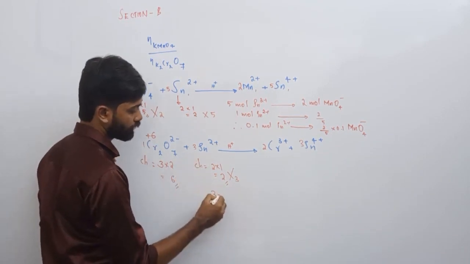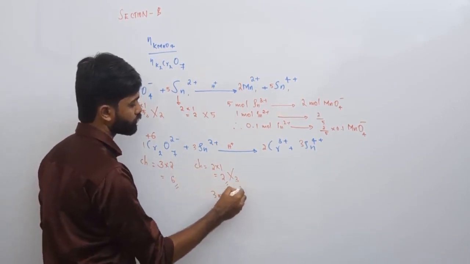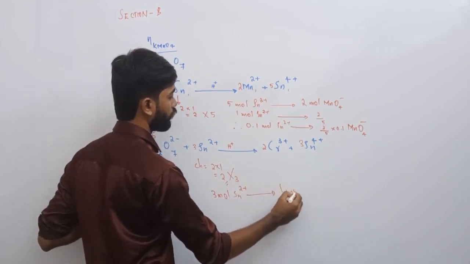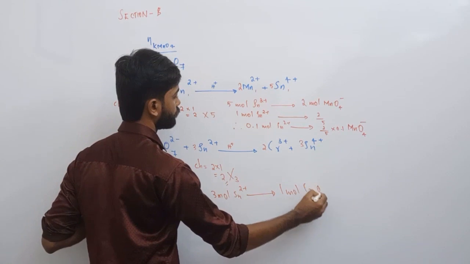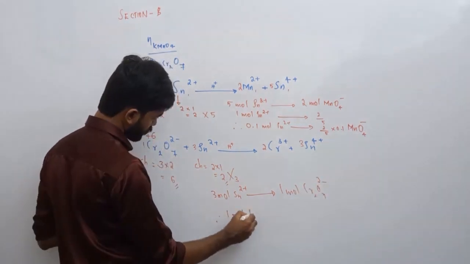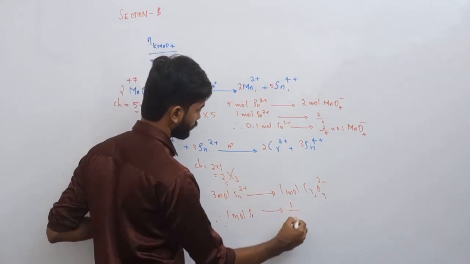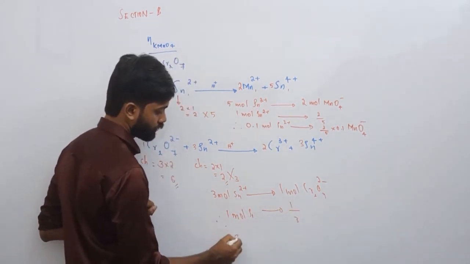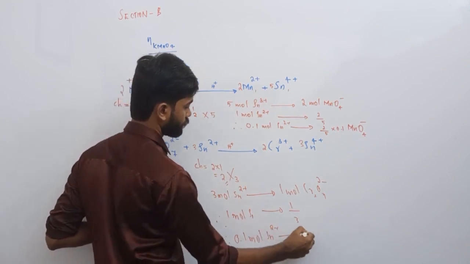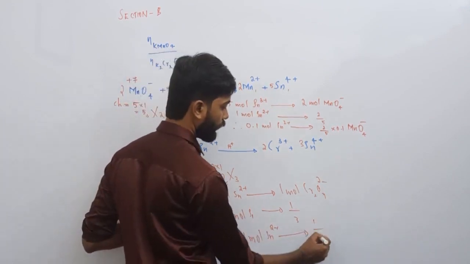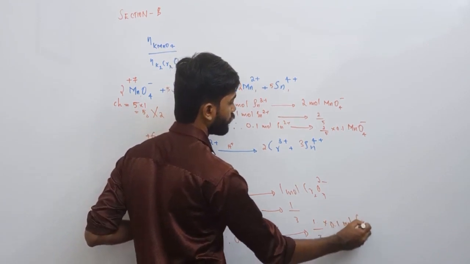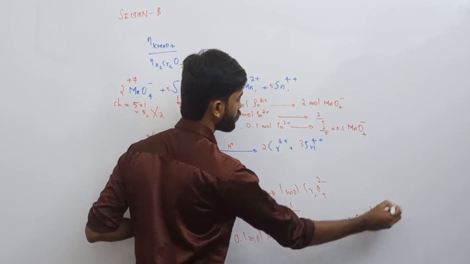It is clear that 3 mole stannous ion require 1 mole dichromate. Therefore, 1 mole Sn2+ requires 1 by 3 mole. Therefore, 0.1 mole Sn2+ requires 1 by 3 into 0.1 mole K2Cr2O7.